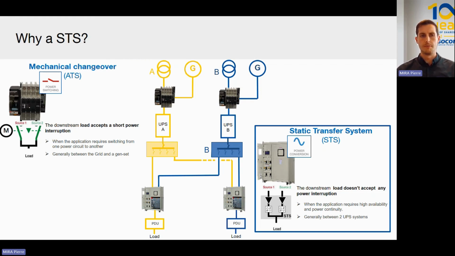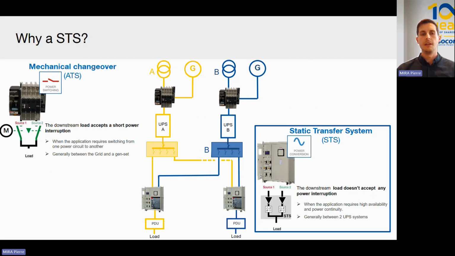to all the installation. An automatic transfer switch usually has a transfer time of 300 milliseconds in the best case scenario, and also it will let the genset ramp up, taking a few seconds. In order to back up the energy during this transfer time and the genset ramp up, we have UPS in the installation.